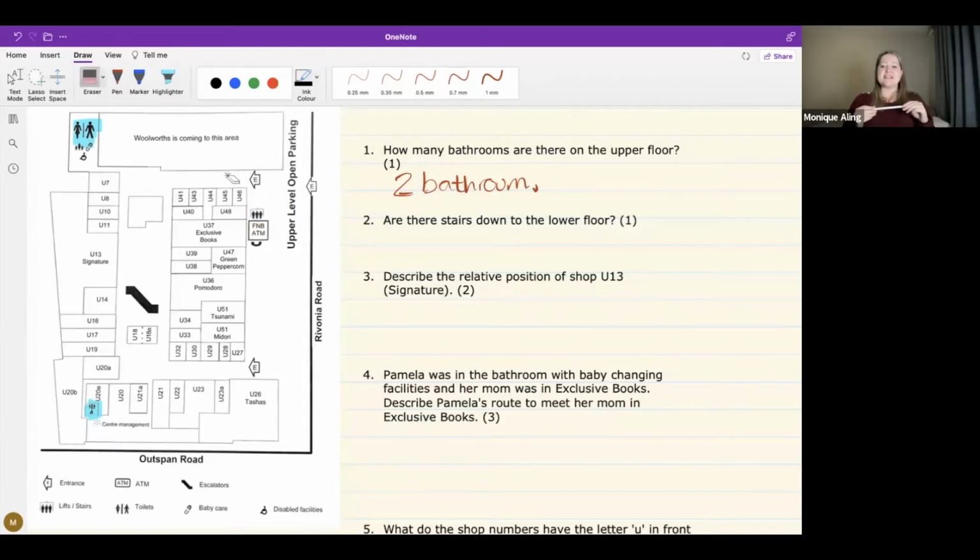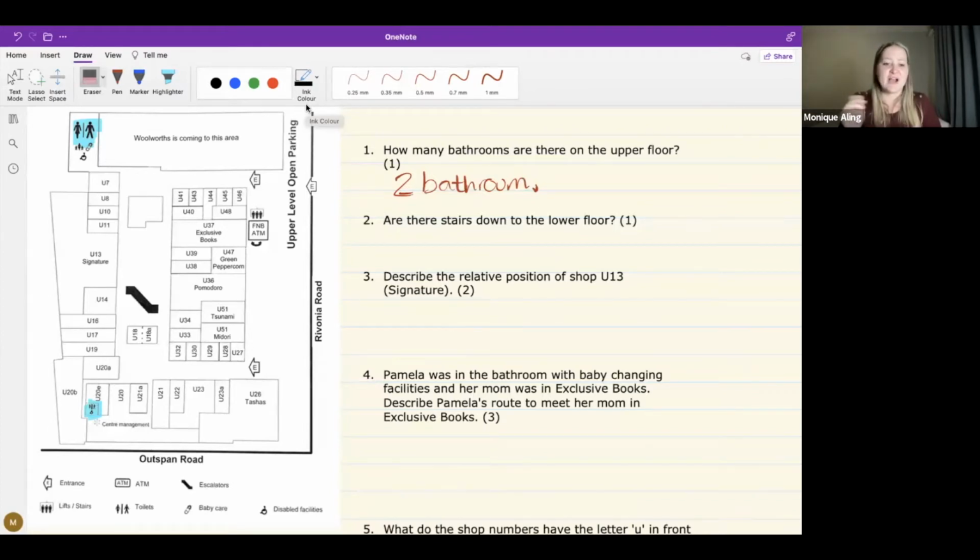Okay, are there stairs down to the lower floor? Because remember, we're on the upper level. Are there stairs? I'm seeing yes, no, yes, no. Okay, so it is a bit tricky.